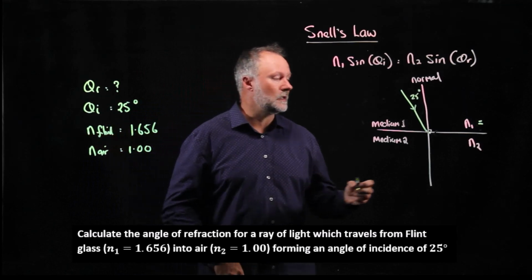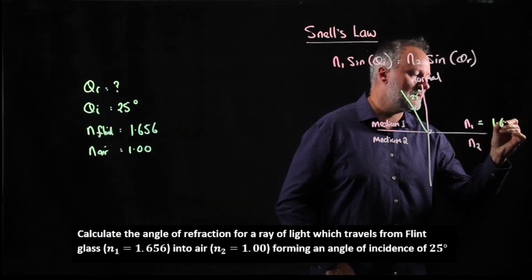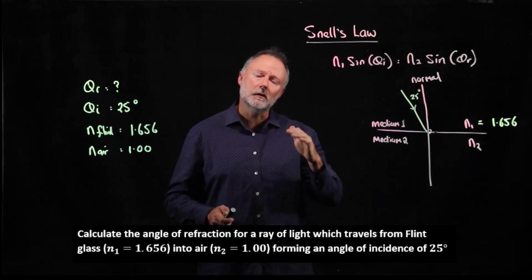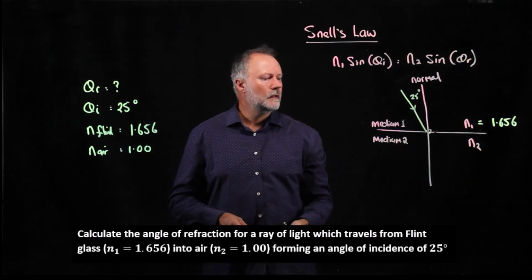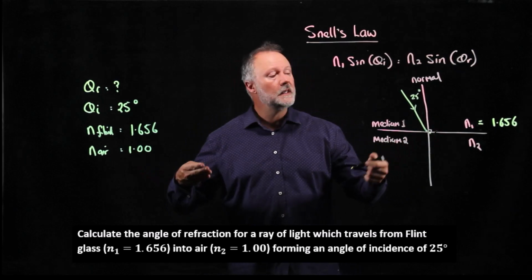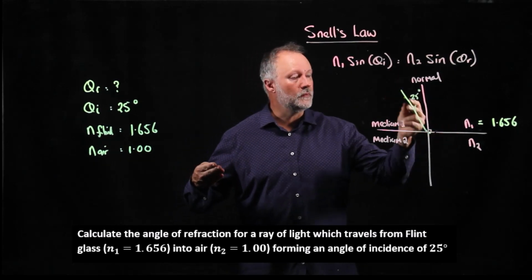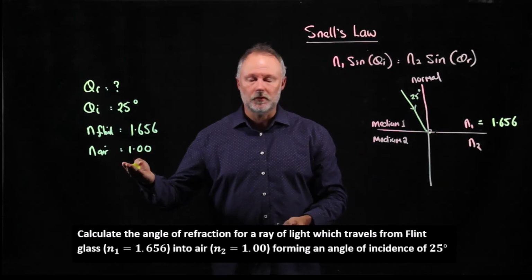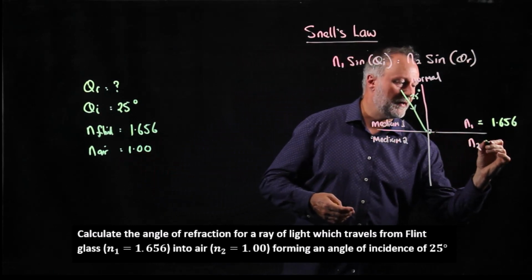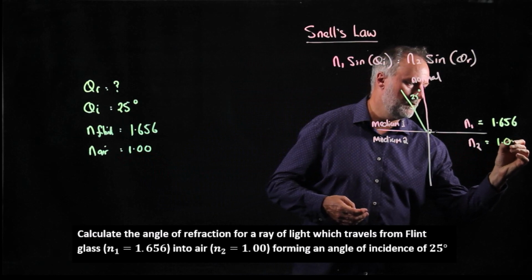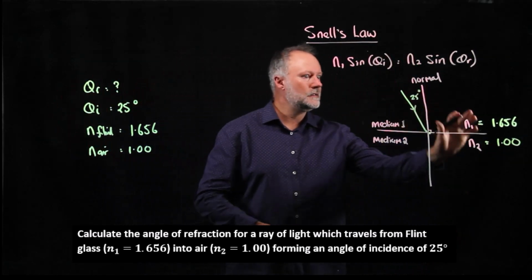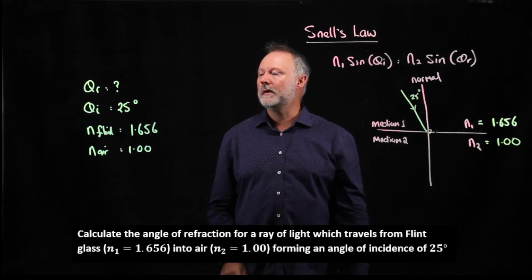The flint glass is going to be a value of 1.656. The question states the refracted light enters the medium, which is air. So in this case, the incident beam travels from material 1, which has a refractive index labelled N1, into material 2, which is air, that has a refractive index of 1.00. So here's all our variables. Here's all our diagram. Both complement each other.